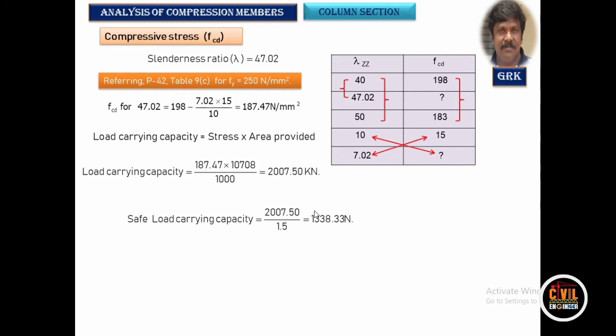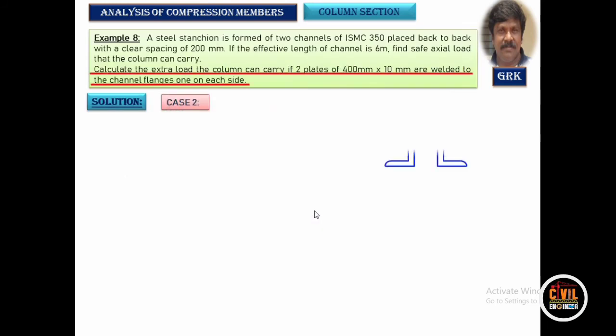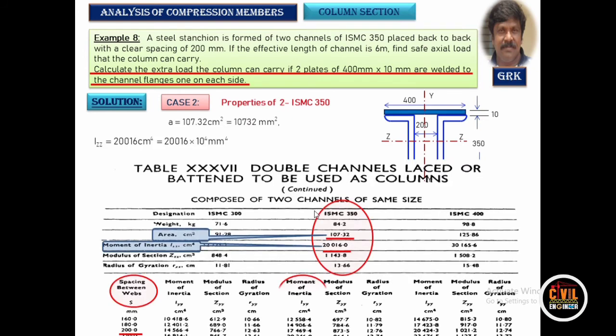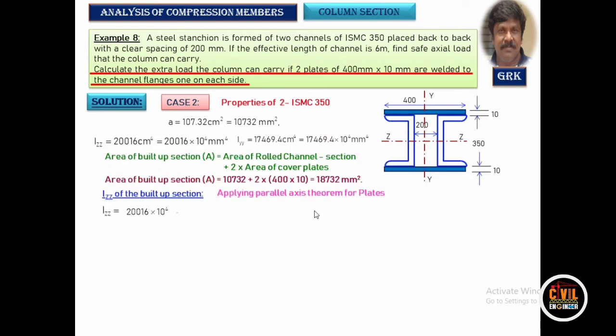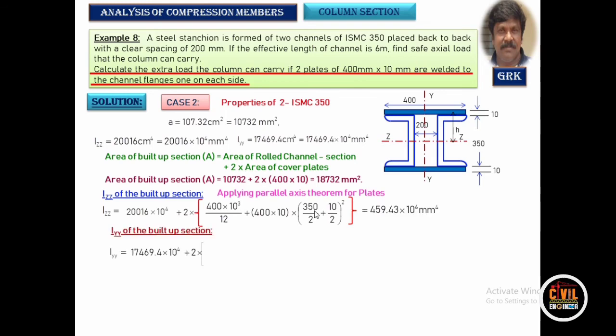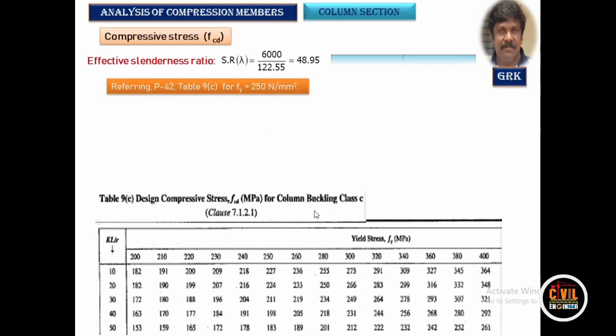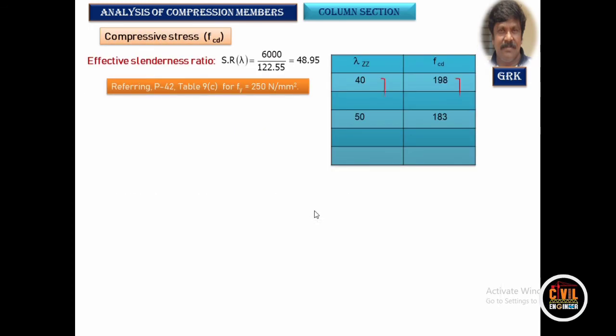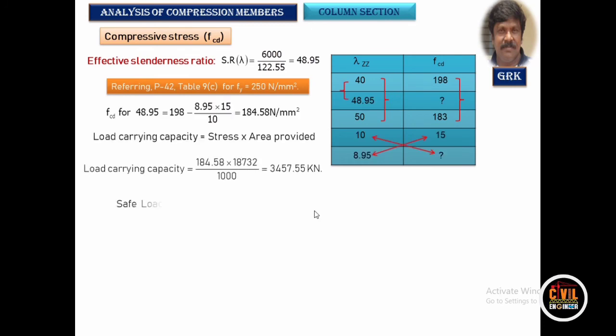So almost 1000 extra kilonewton load it's going to carry with respect to the cover plate that has been provided. So all these were the procedures. I am just running it fast, and now you can understand with the cover plate it can take almost 1000 kilonewton more. So that's the difference we wanted to make you understand while analyzing the problem.